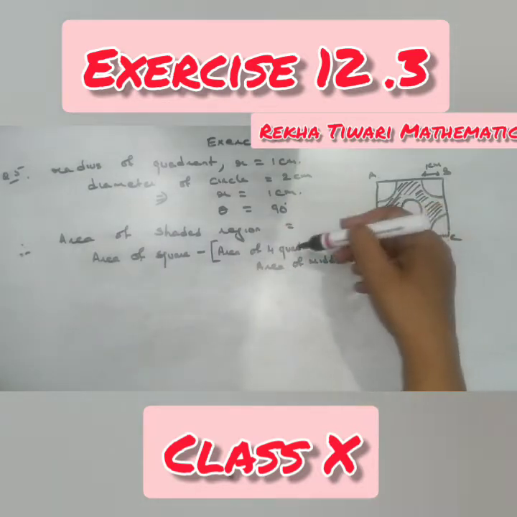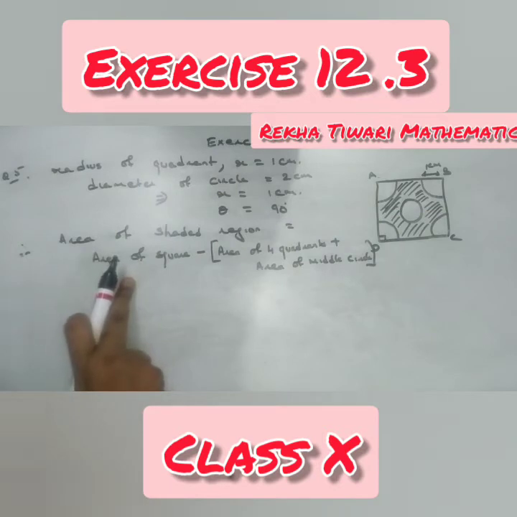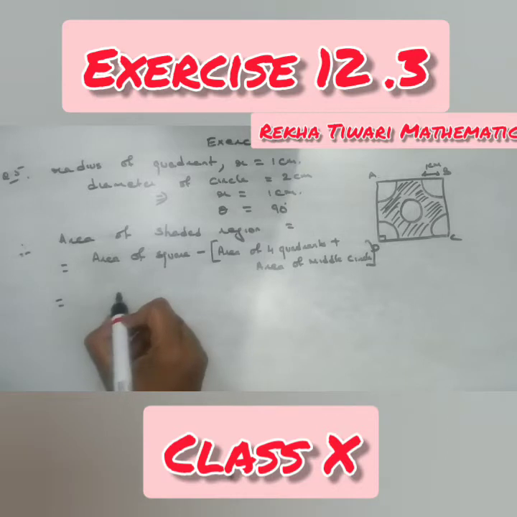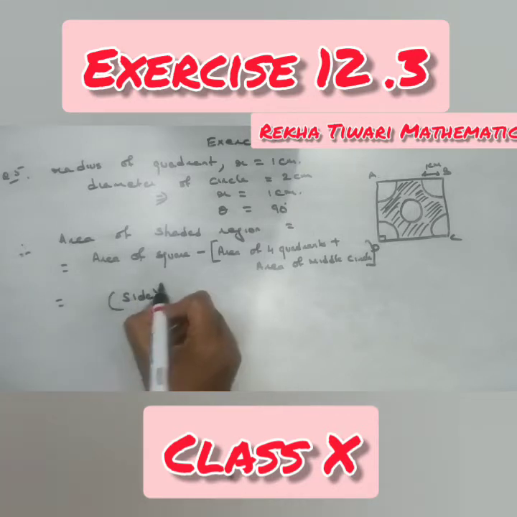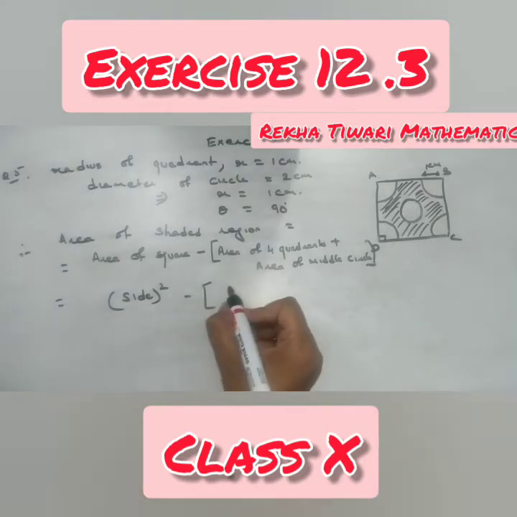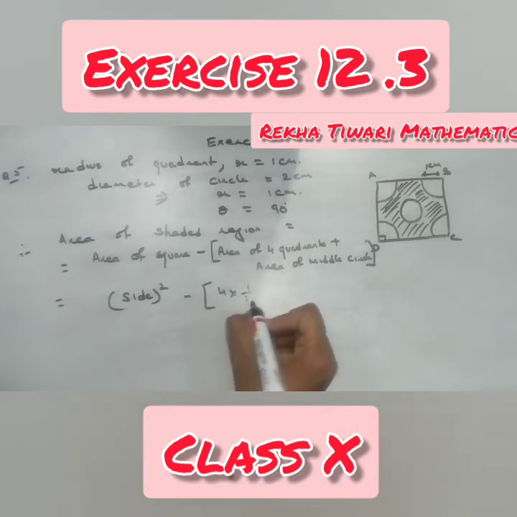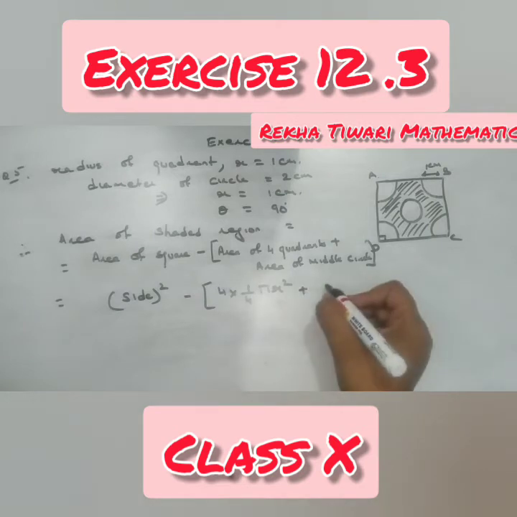Okay, just add the unshaded portions and subtract them from the whole region. So this is equal to, what is the formula for the area of a square? Area of square is side square minus area of 4 quadrants. The quadrant formula is 1 by 4 pi r square, and since there are 4 quadrants you have to multiply this by 4, plus area of middle circle is pi r square.